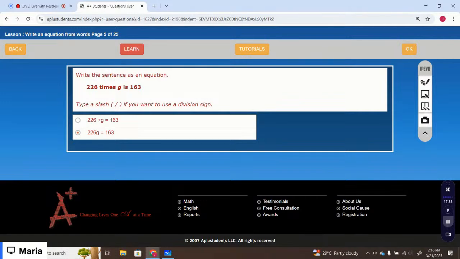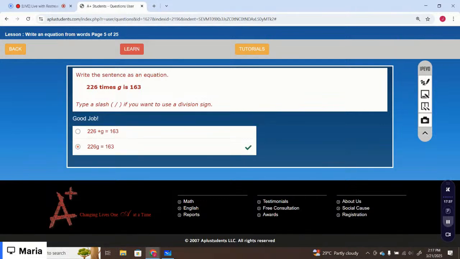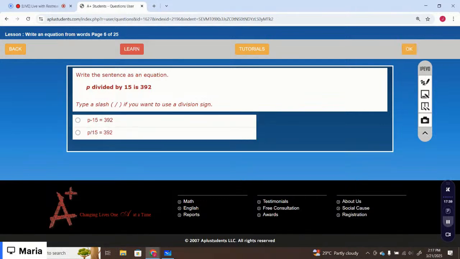Write the sentence as an equation. p divided by 15 equals 392. Which is the correct option?